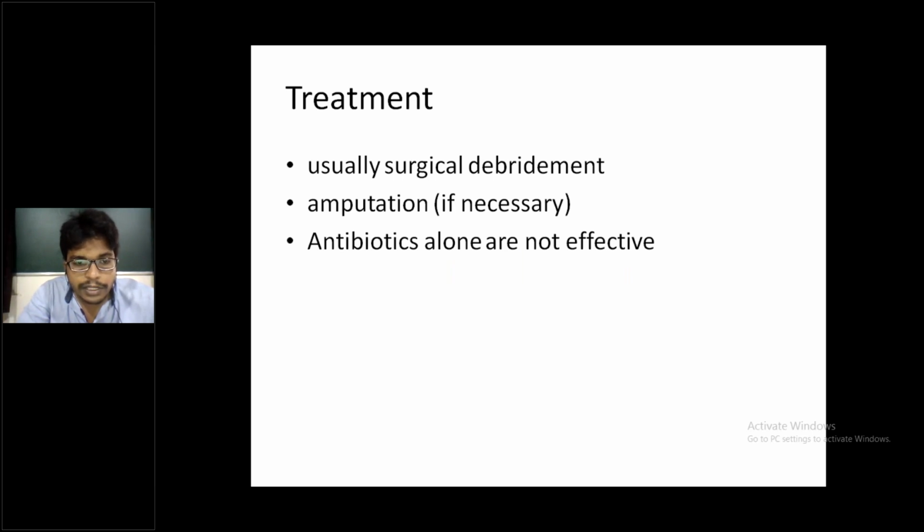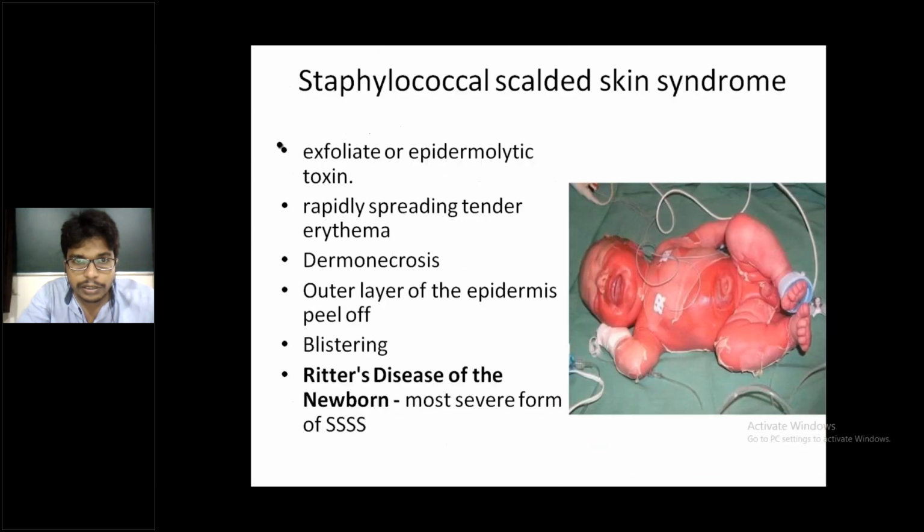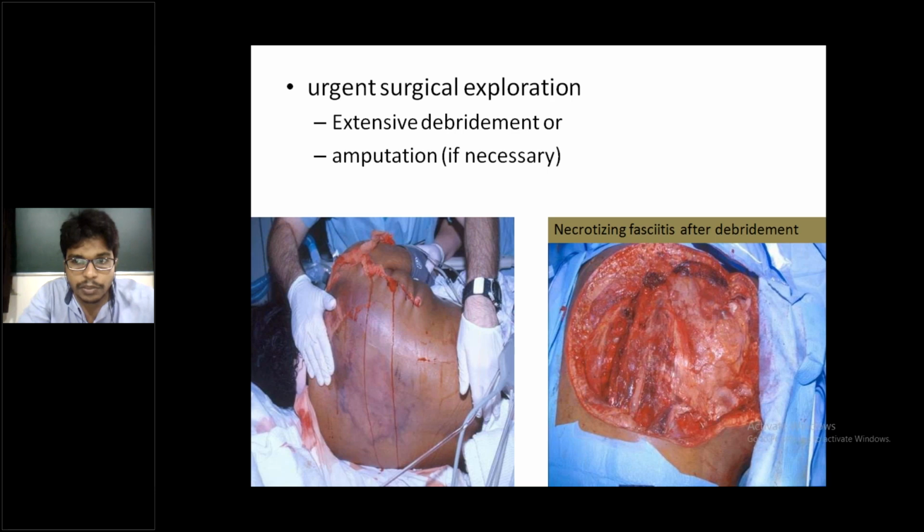Whatever infections you have come across needed surgical debridement extensively. Two infections you have come across. One is this one, and another one is... Can anyone type in the chat box?